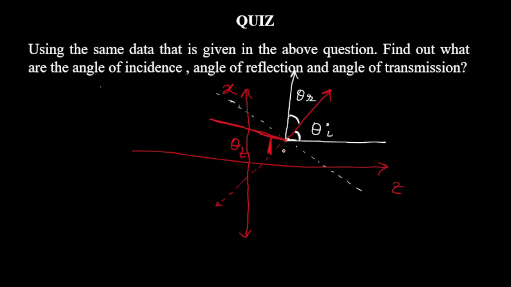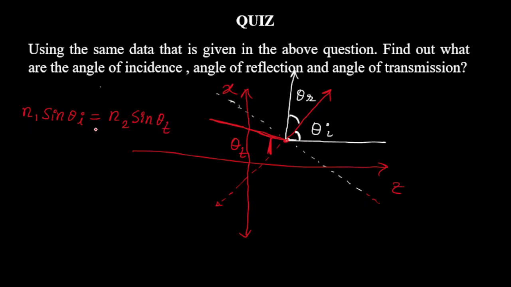To calculate this angle, you can use Snell's law at this position. You know the angle of incidence. If you write this angle of transmission as theta t, then you can write n1 sine theta i is equal to n2 sine theta t.